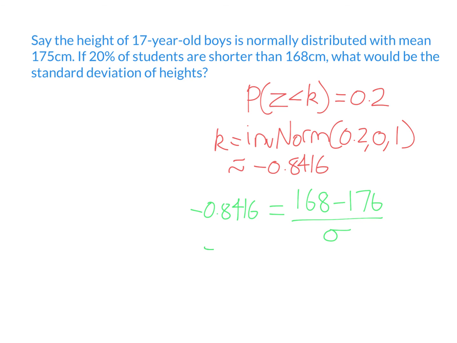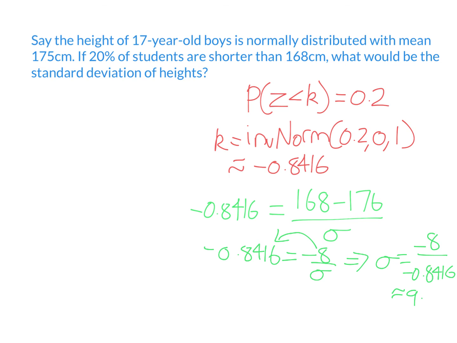Making this a little easier to work with, 168 minus 175 is negative 7. To solve this quickly, we can move the negative 7 and the fraction line over. So sigma would be minus 7 divided by minus 0.8416, and the answer we get is about 8.3.